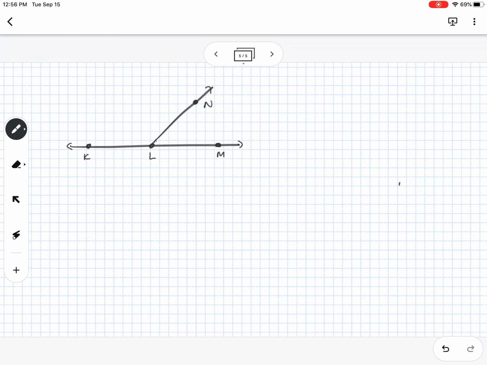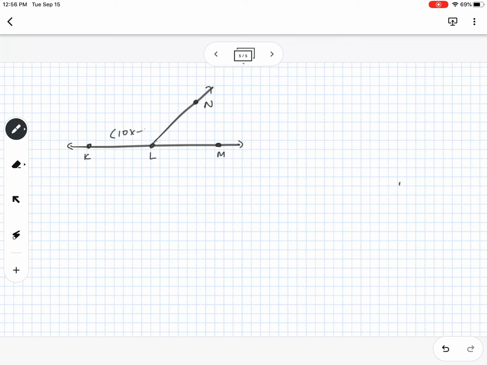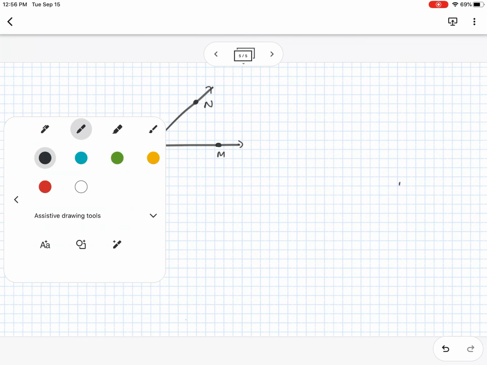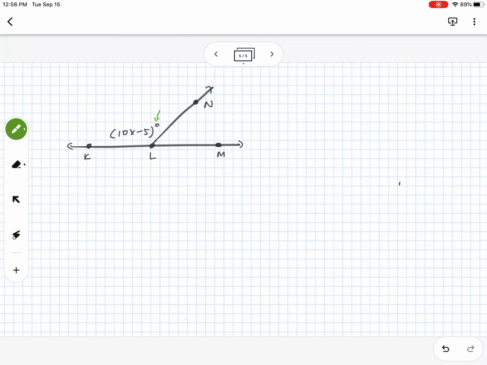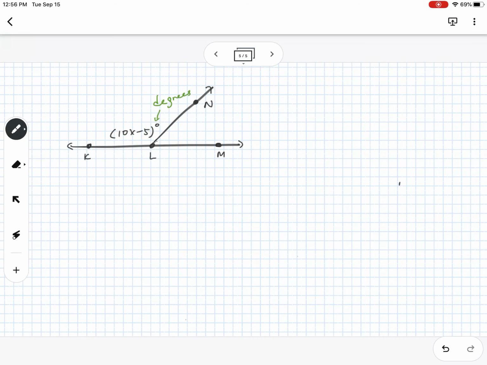It should be not an M, but an N. Okay, and let's say we are told that this is 10x minus 5. And see that symbol right there? That tells us that it's an angle problem. Okay, so this symbol right here is degrees. So we know this is an angle problem, not a segment problem. And then the second measurement that's given to us here is 4x plus 3 degrees. Okay, so now the question would be, find x.